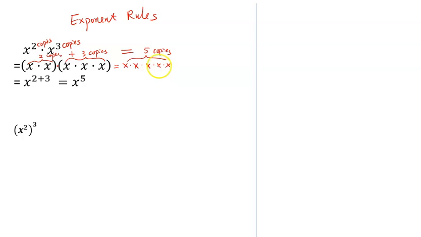We're doing multiplication, but we are only adding the exponents because the exponents tell us the number of copies we're multiplying. If you have 2 copies of x and then multiply another 3 copies of x, altogether you get 2 plus 3 copies of x. So this gives us the first formula.